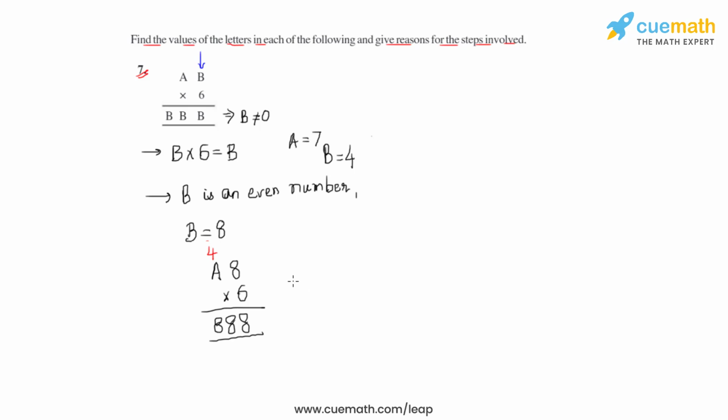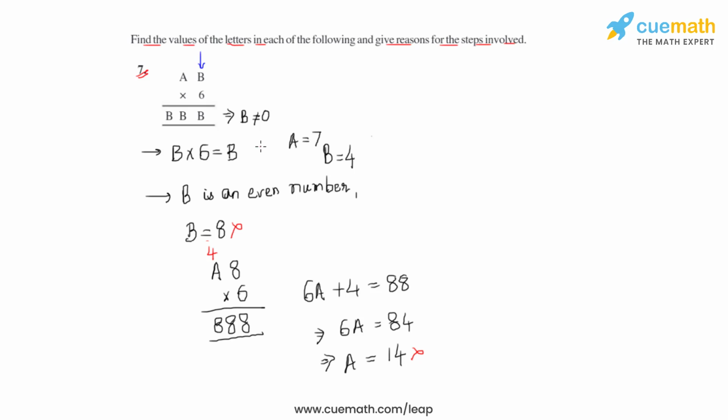With this carry, let us see if we can get a value for A. We'll have 6A plus 4 giving us 88, which gives 6A equals 84. Eventually the value of A would be 14. But we already know that when we are solving these puzzles, the letters represent only single digits. So the value of B cannot be taken as 8 because it results in the value of A as 14.